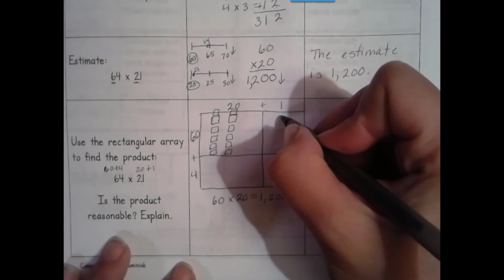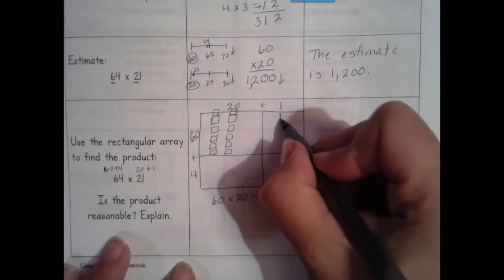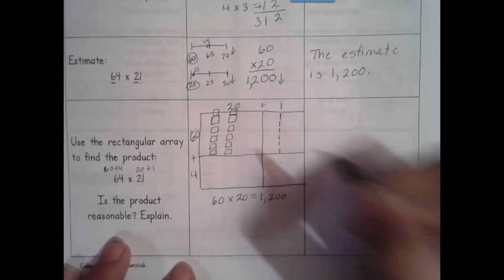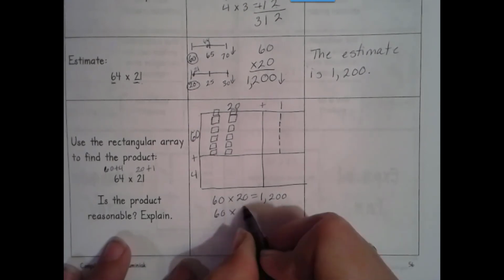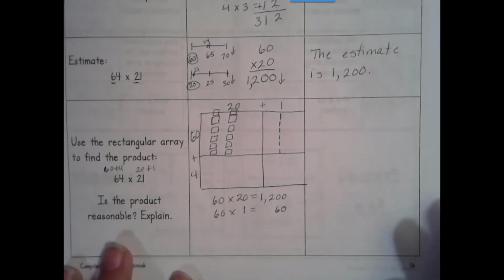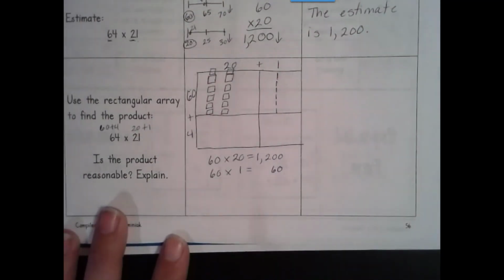Here we have 60, and I need one group of 60, so 10, 20, 30, 40, 50, 60. So 60 times 1 is 60. So I'm already lining up from the ones to get ready to add these partial products together.